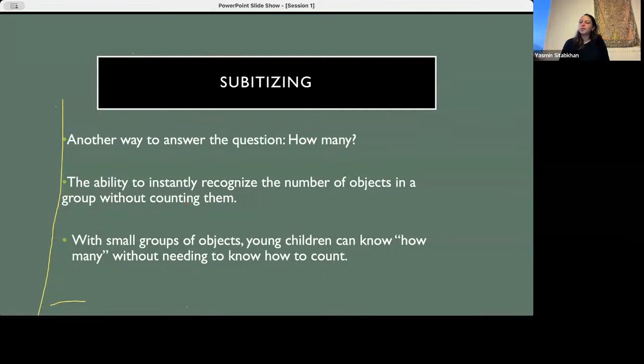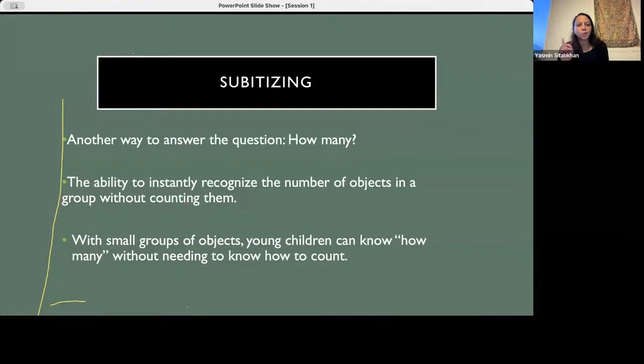Have people heard the term subitizing before? Does anyone know? Well, it says right here what it is, but subitizing is another way to answer the question, how many? Subitizing is the ability to instantly recognize the number of objects in a group without counting them.